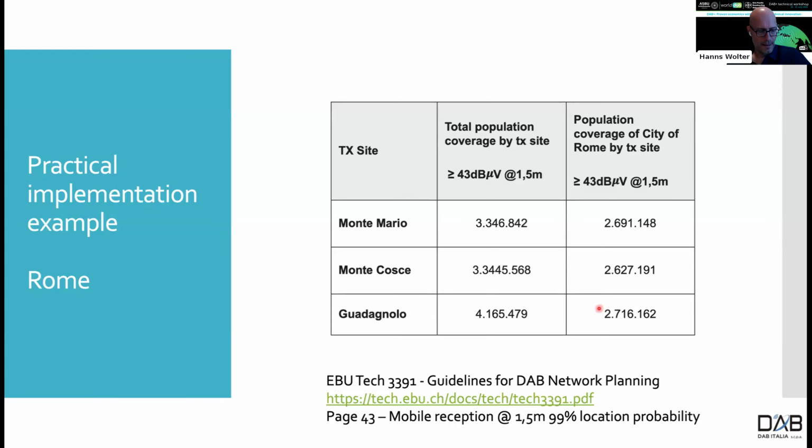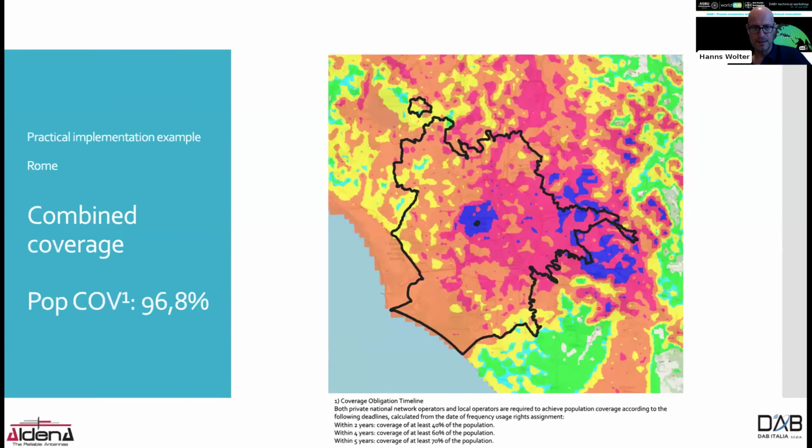And what does this mean? This means that if you have all three transmitters running together, you have a coverage like this. You have a population coverage of basically 96.8% of the Roman area.